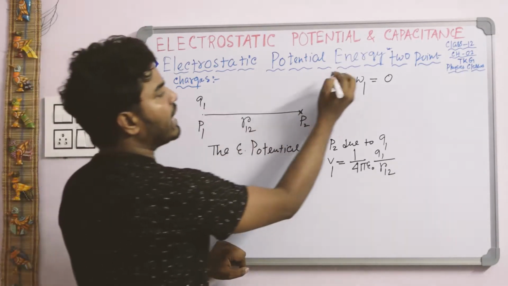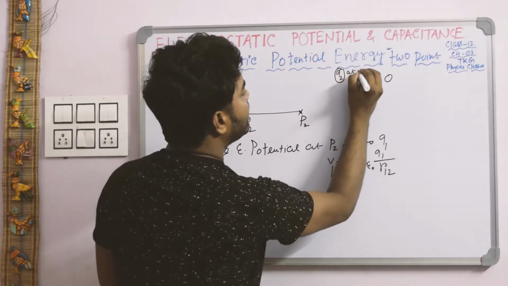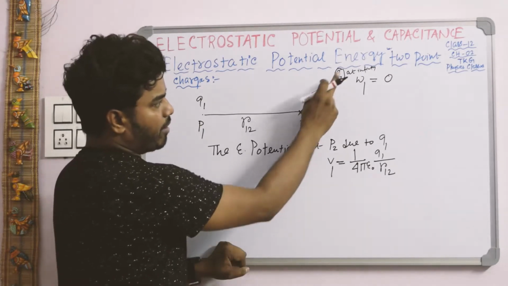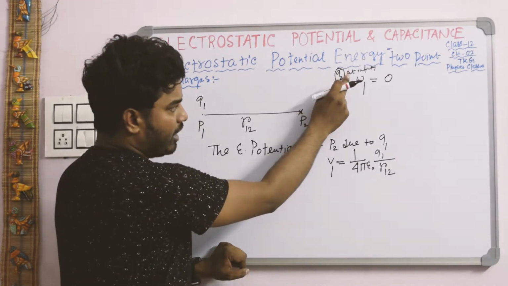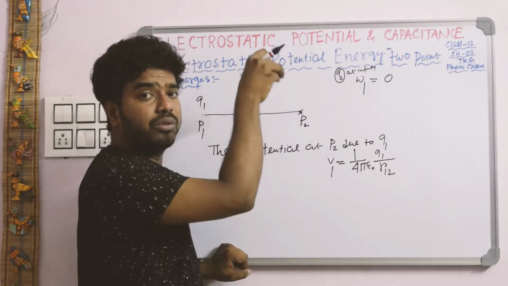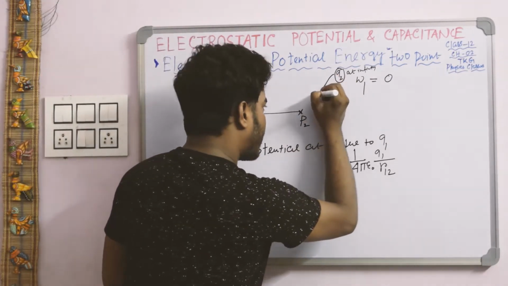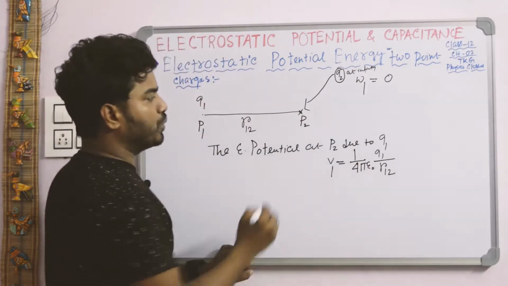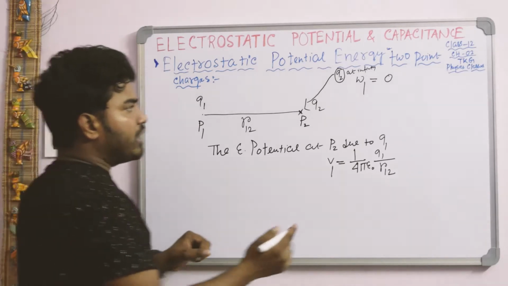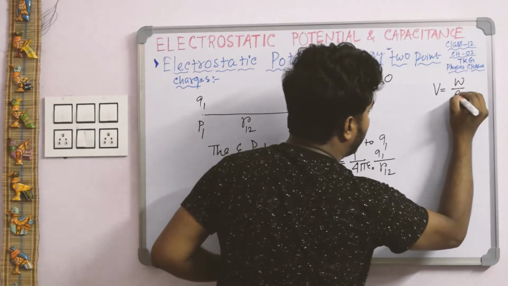Now suppose there is another charge Q2, which is placed at infinity. In moving this charge from infinity to point P2, we have to do some work. You know the formula for electric potential: work done by test charge.